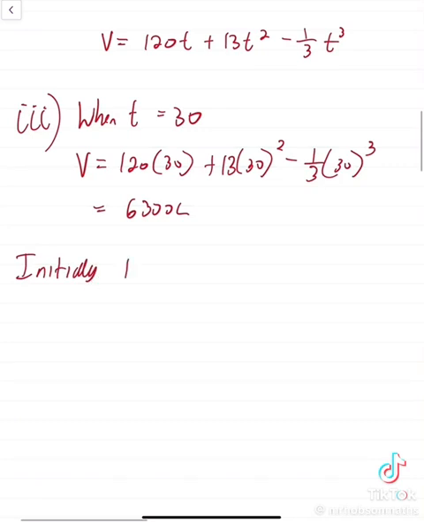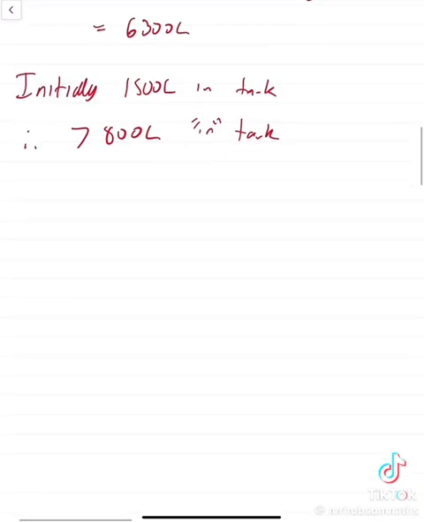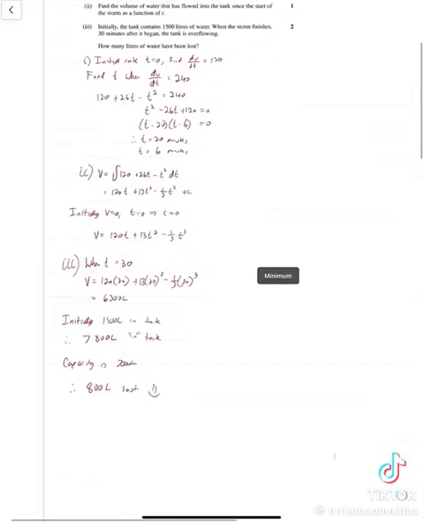Initially there are 1,500 litres in the tank, so therefore there is 7,800 litres in the tank. Since the capacity is 7,000 litres, therefore 800 litres has been lost. And that is your answer.